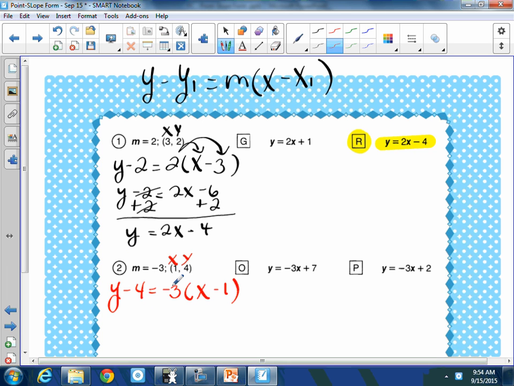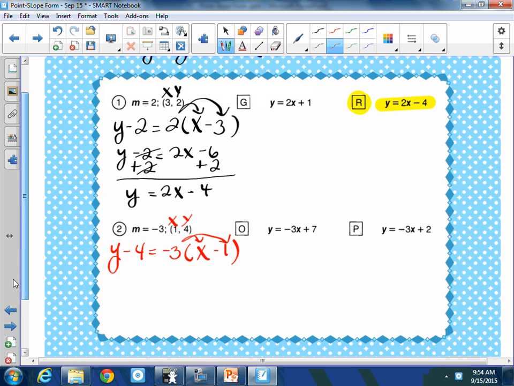So now I'm going to distribute. Okay, so this would be, I'm going to slide it down, y minus 4 equals negative 3x, and then negative 3 times negative 1 would be plus 3.